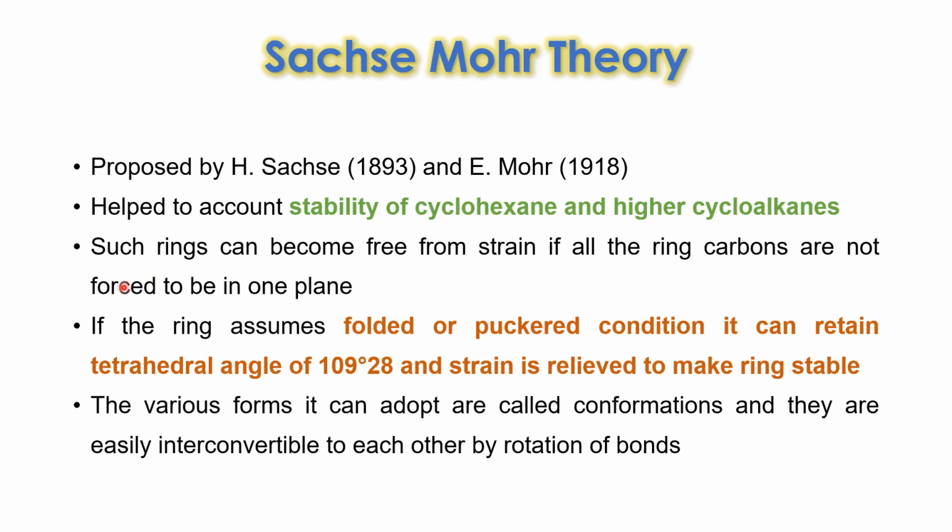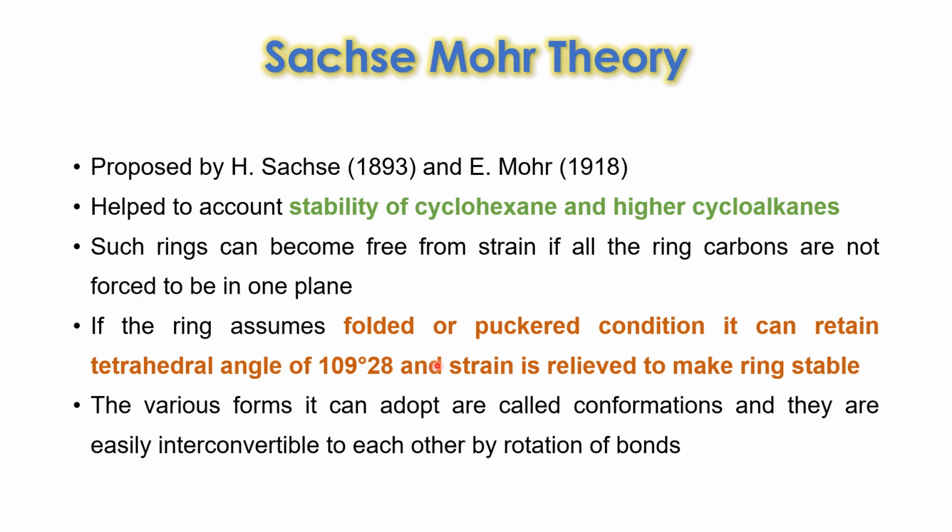They proposed that because it was predicted by Baeyer that there is a strain, they are unstable. So Sachse and Mohr proposed that such rings are free from strain because all the ring carbons are not forced to be a part of one plane.